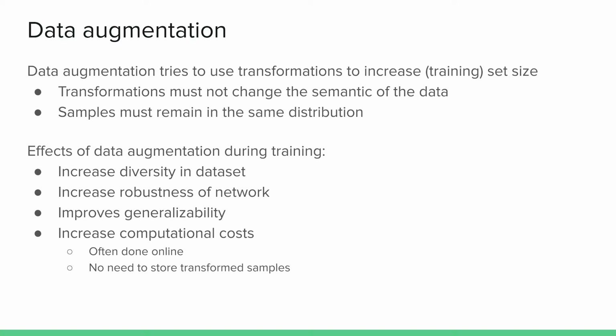It improves generalizability to samples that we haven't seen before, and on the downside, it also increases our computational costs because we now have to pre-process our images somehow to look a bit different each time we take that image and train on it. This is mostly done online, so we perform our data augmentation as we are performing our training, and we're not even storing those images.